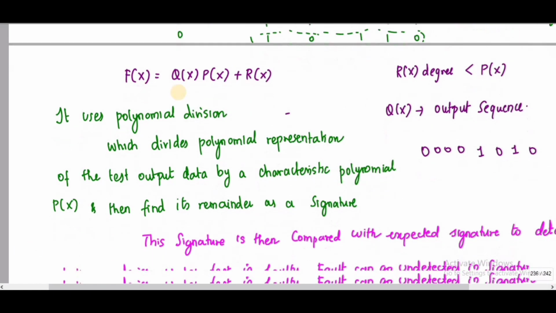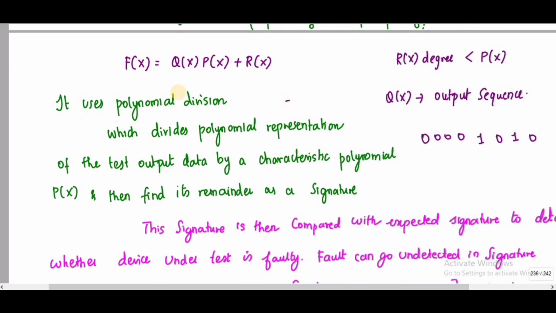So in signature analysis, it uses polynomial division, which divides the polynomial representation of the test output data by a characteristic polynomial p of x, and then it finds a remainder, that is nothing but a signature.